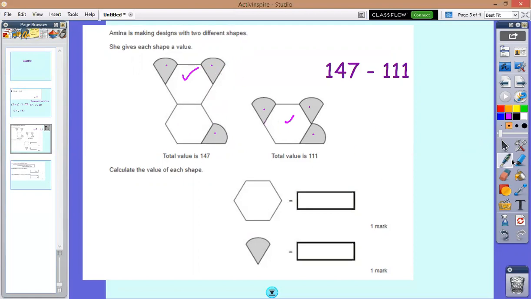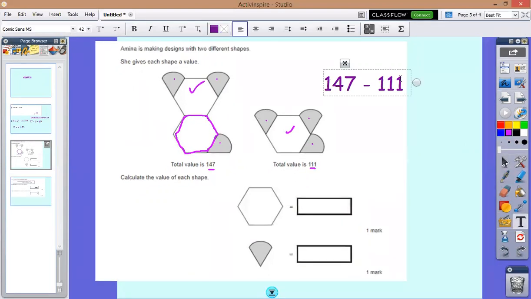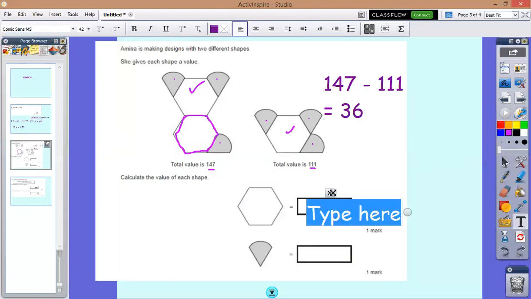Because of that, I'm left with only 1 hexagon. So this hexagon is the difference between 147 and 111. 147 take away 111 would equal 36.